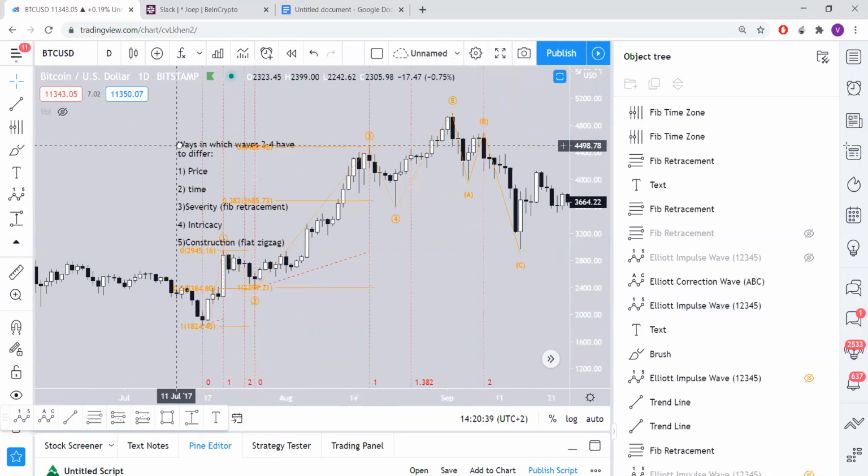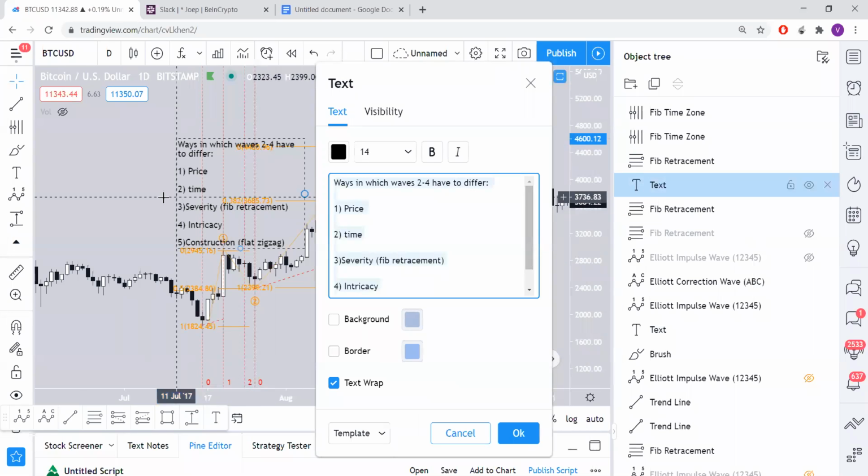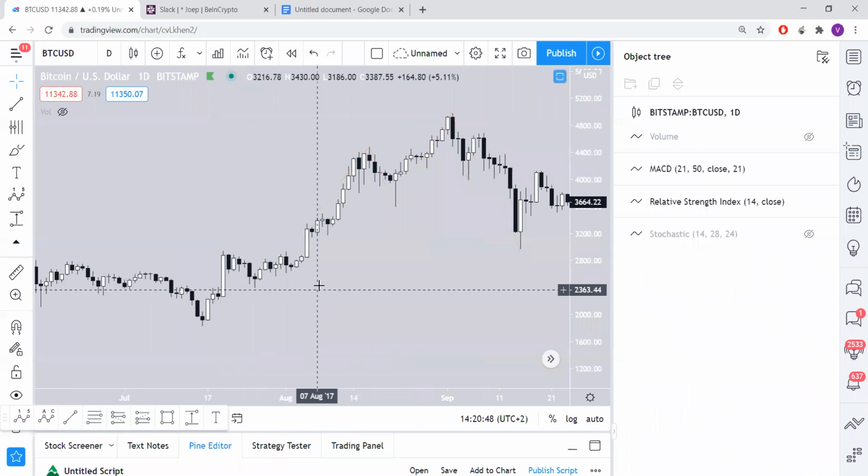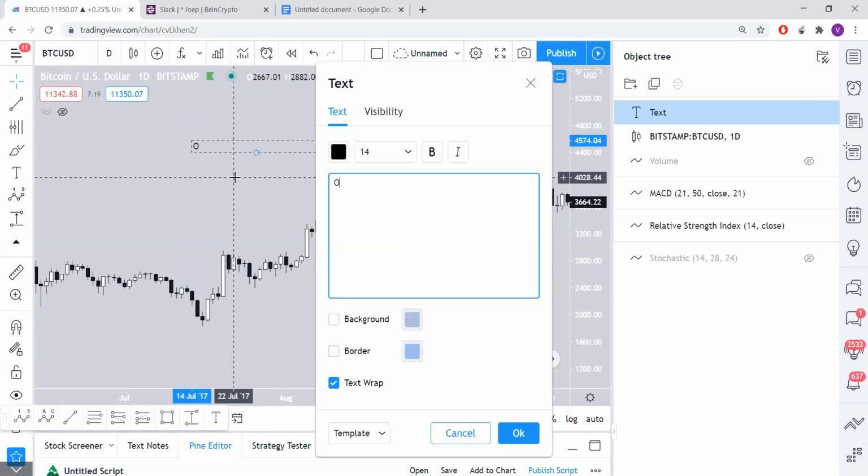So now I'll copy this and I'll remove everything else. One of the ways to differentiate a correction is alternation between waves 2 and 4.